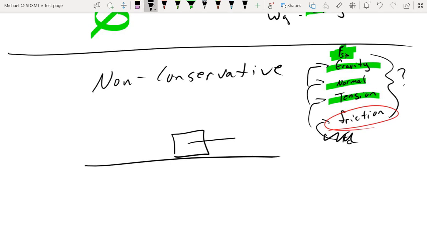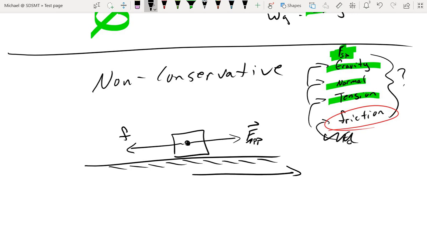And if you remember our discussions in the previous chapter, if I apply a force to a mass and I start dragging it over a rough surface such that there is friction in the system, well, friction wants to oppose motion. And the only way that I can answer the question of whether a friction force is conservative or not is I have to allow this block to move back and forth.